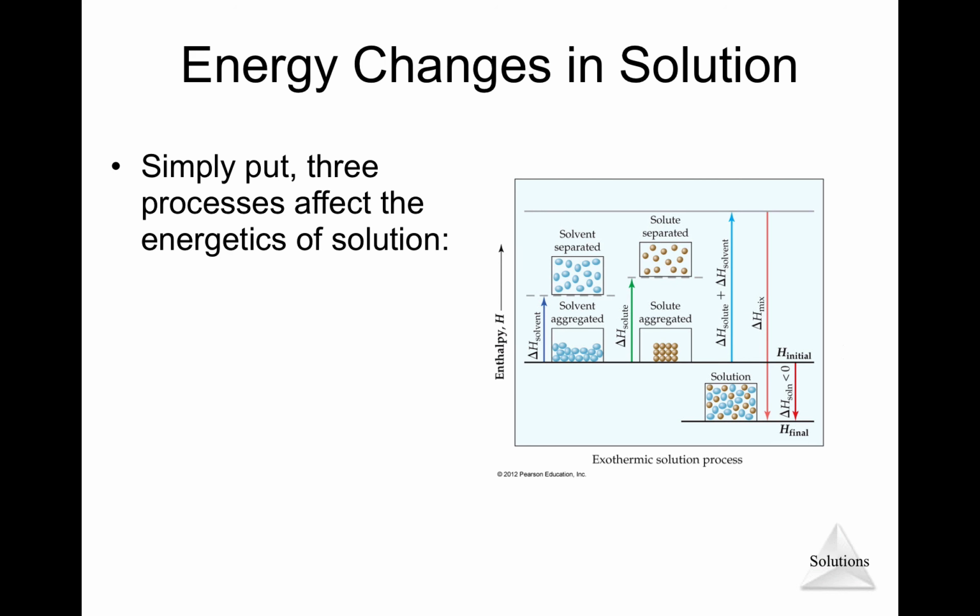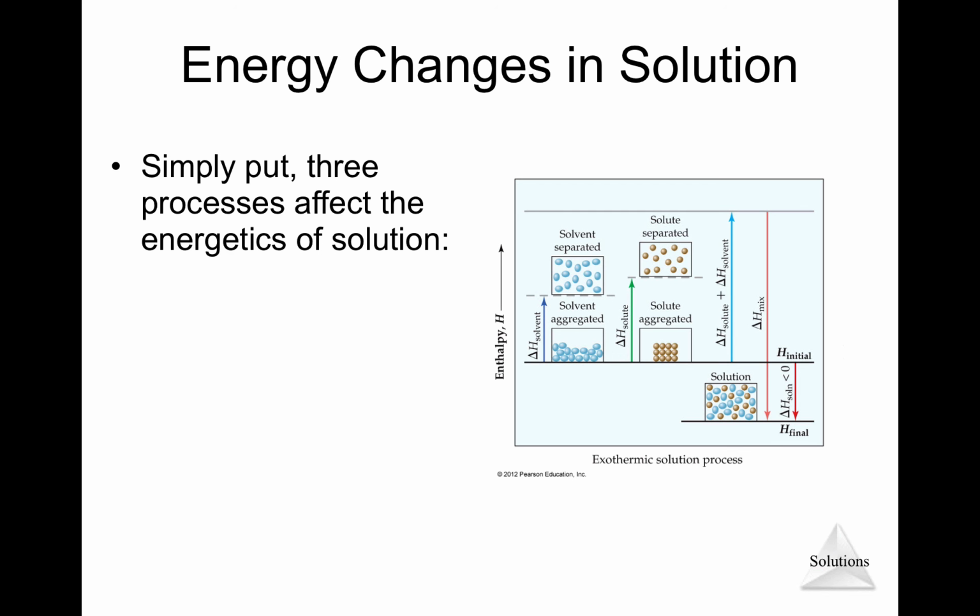So it would take energy to separate those sodium ions from those chloride ions, right? That's an endothermic process. So you'd have to put energy in to what we call expanding the solute. And you'd have to make room for that solute to fit into the solvent, so you'd have to expand the solvent. So endothermic, expand the solute. Endothermic, expand the solvent.